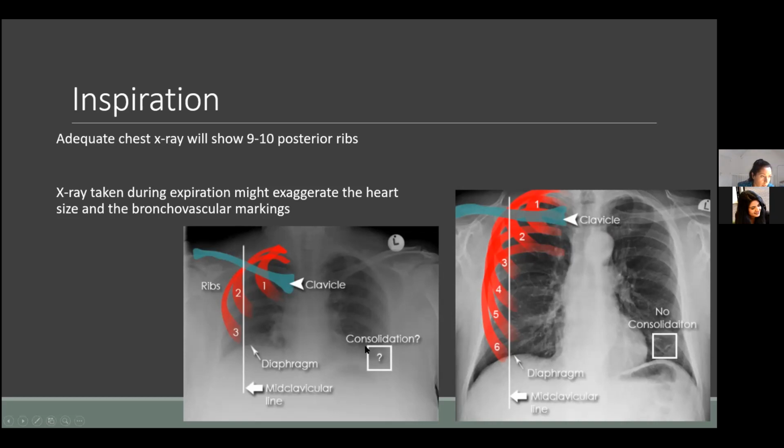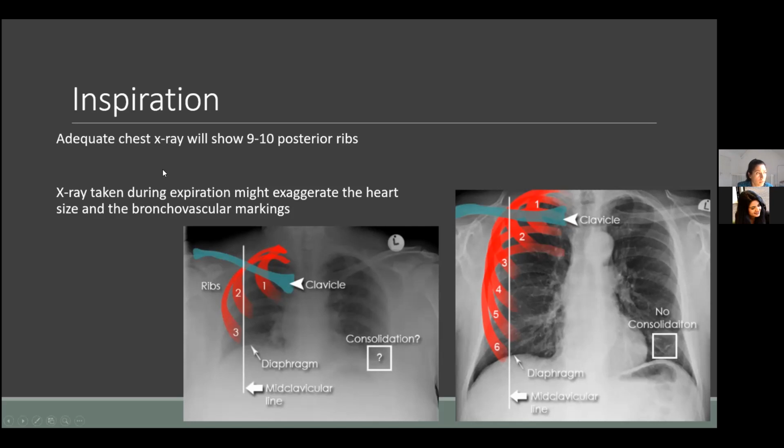You might have a feeling that there is some pleural effusion or consolidations, but if you make a chest X-ray in inspiration, you see that the lung areas are really clear, no densities, no consolidations, and no pleural effusions. So inspiration is really important as well, although sometimes really hard in patients who are short of breath.